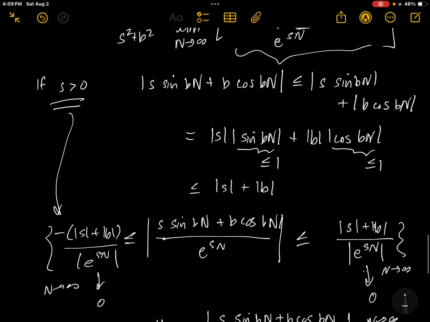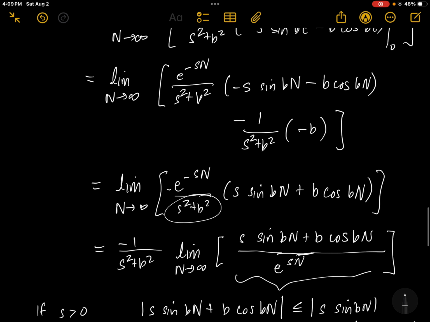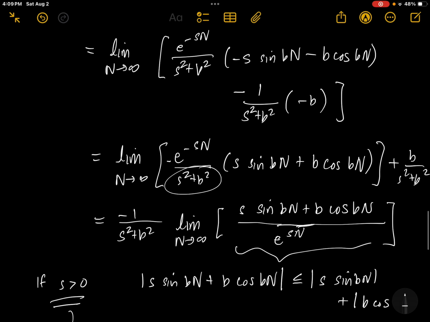And so what are you going to get, going back to this whole thing here? Oh, and I have a plus b over s squared plus b squared here. I kind of forgot that. So plus b over s squared plus b squared, right, from here.